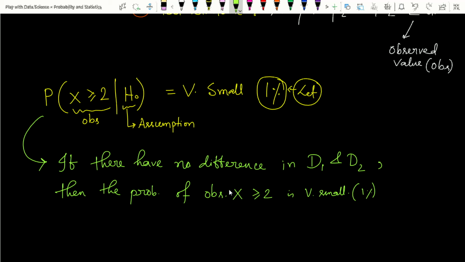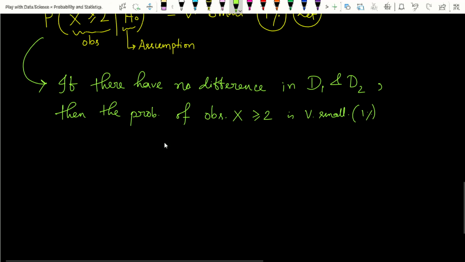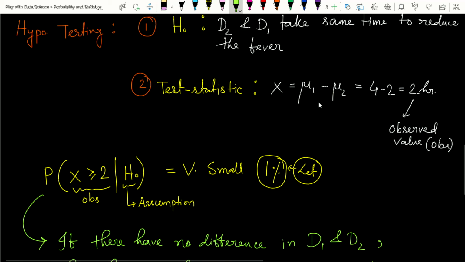It is very small. That means that on the basis of our assumption, we assumed that drug 1 and drug 2 have no difference, and on that basis we made the observed value, calculated the test statistic, and found this p-value.